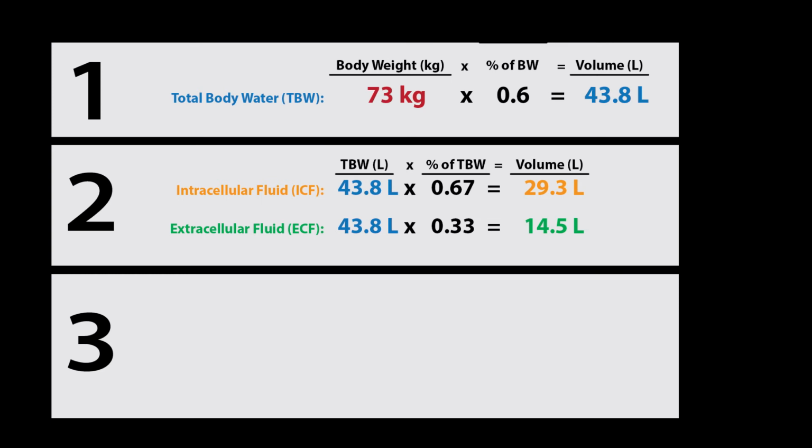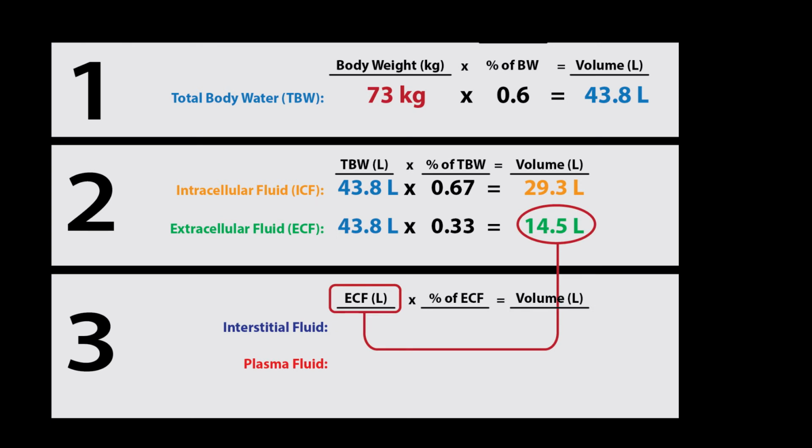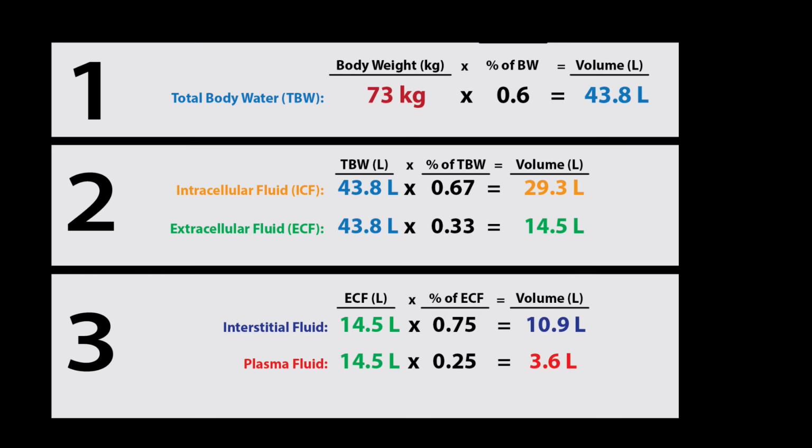And finally, use the extracellular fluid volume to calculate the interstitial and plasma fluid volumes. Start by multiplying the extracellular fluid volume, which is 14.5 liters, times 75% for interstitial and 25% for plasma fluid, which gives us 10.9 and 3.6 liters respectively.